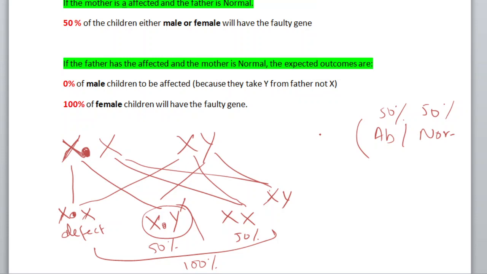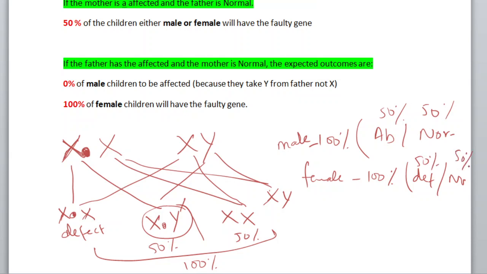If they only ask about the females, one is defective and one is normal, so again 50% defective and 50% normal.